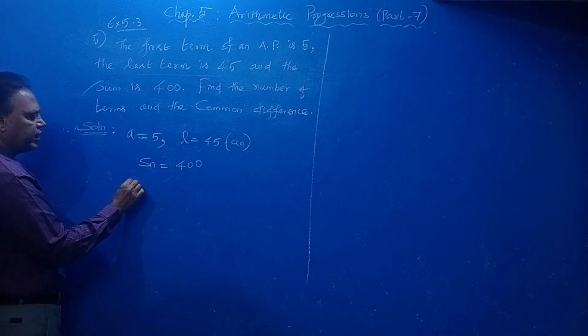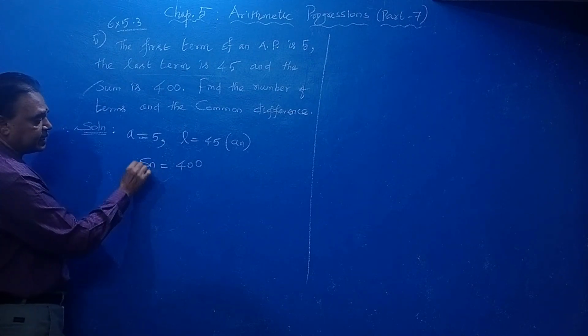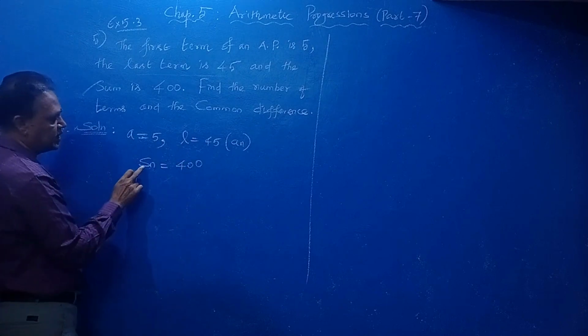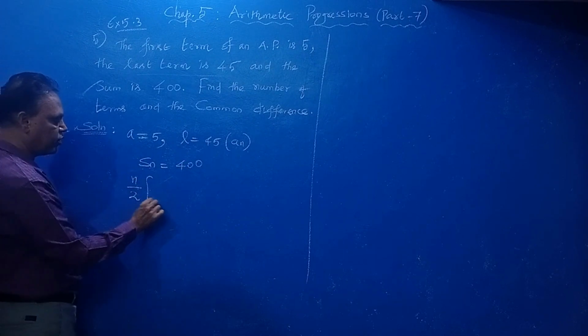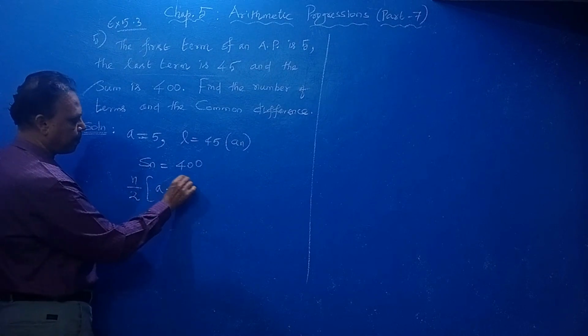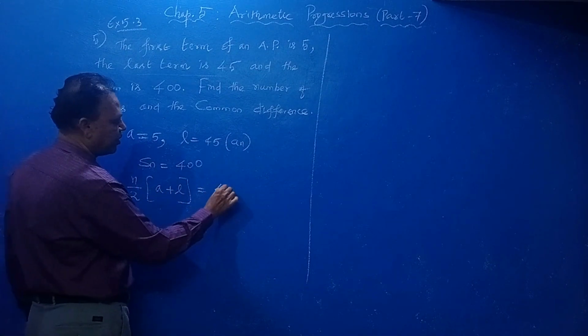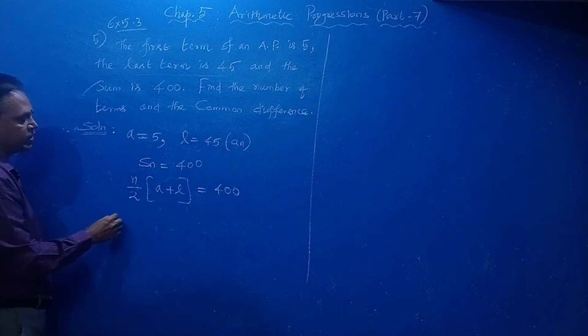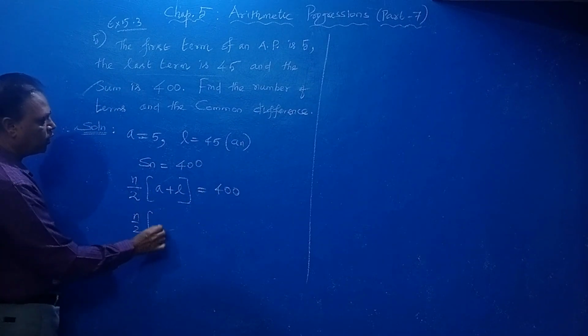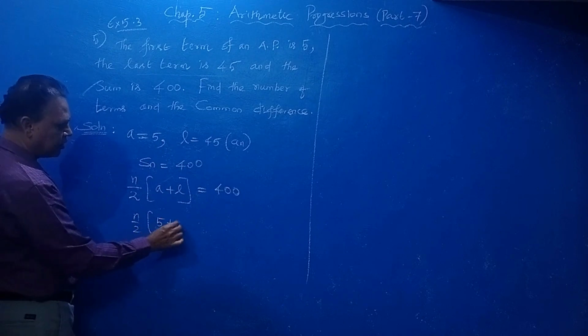So you know very well that is SN. If you know the first term and last term, easily you can apply the formula. SN equal to N by 2 into A plus L, that's equal to 400. This formula is very easy to use. N by 2 into A you know, L you know.